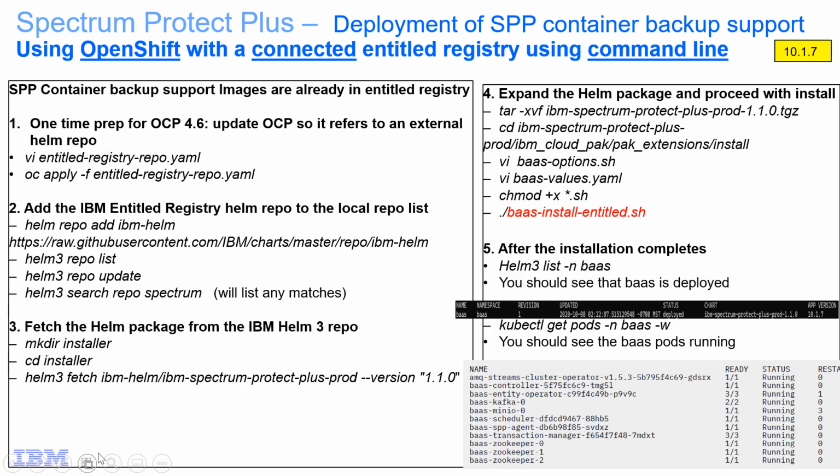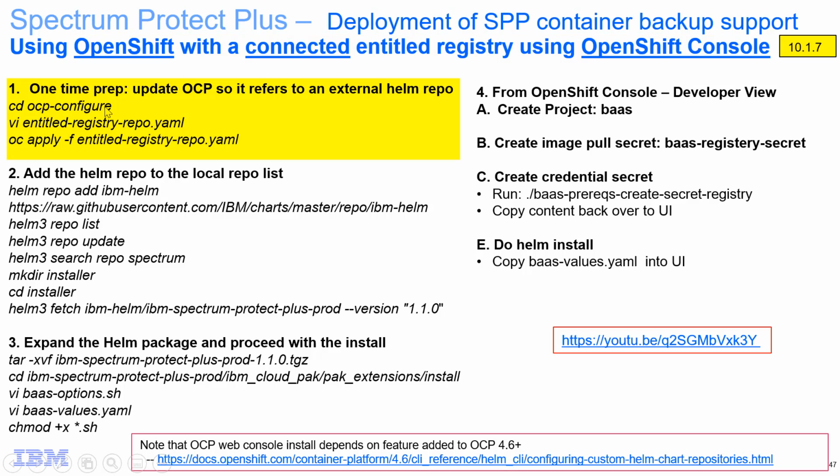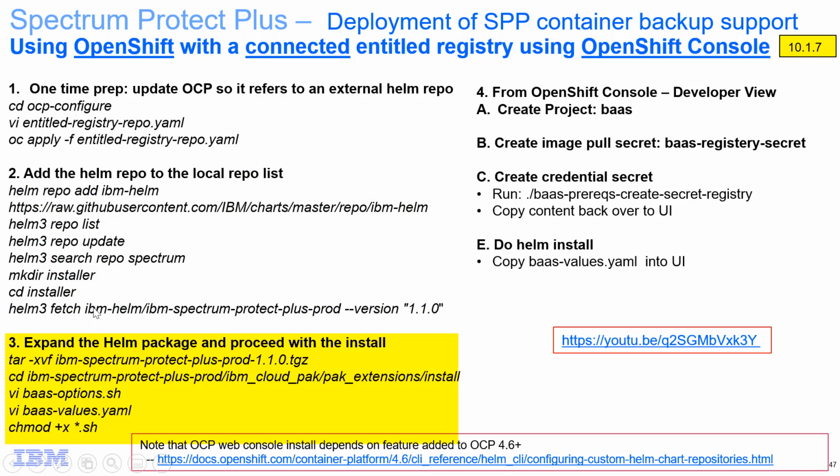If you're going to install into an OpenShift connected environment, then you can either use the command line or you can use the OpenShift console. Basically, you're going to update your OCP so it refers to an external Helm repo. Then you're going to add the Helm repo to the local repo list, and expand the Helm packages.